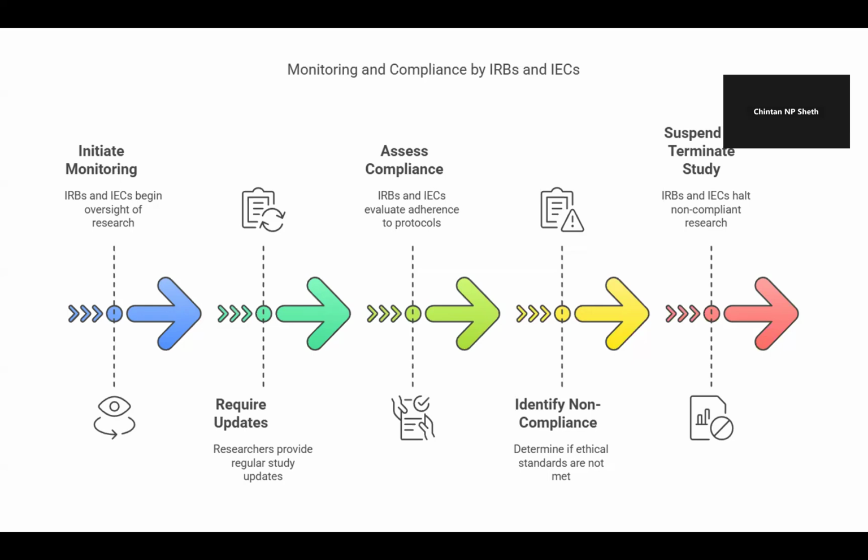The second point, whenever during the conduct of a trial there is any update or amendment to the protocol or any essential document, they must go through re-review. They assess the compliance, whether they are adhering to the protocol, regulatory body requirements, and industry standards.